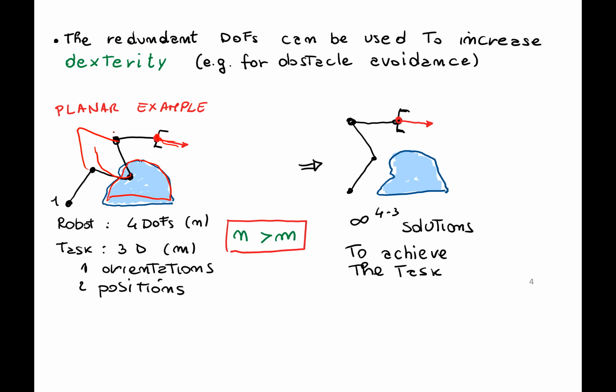In this case, you have an infinite number of solutions to locate this point, for example. You can locate all around this circle.